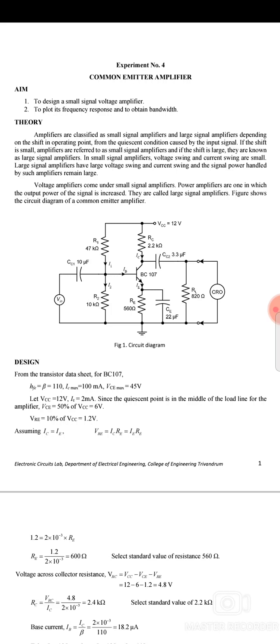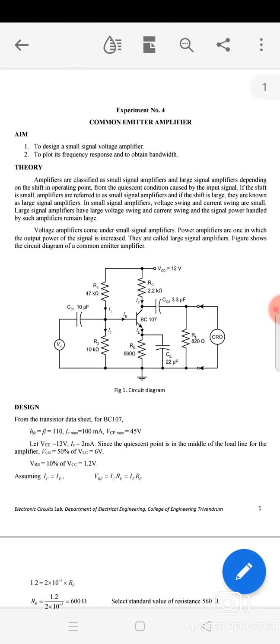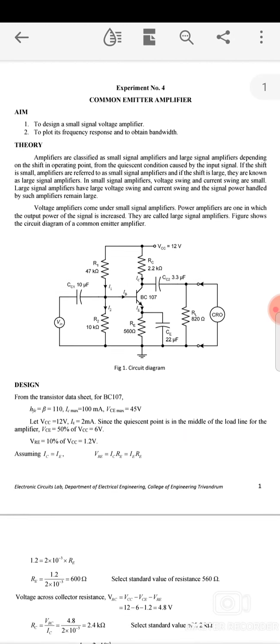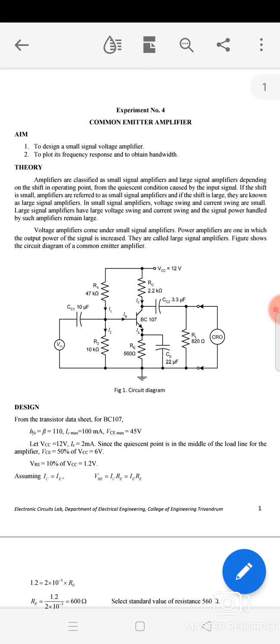That response is obtained based on the amplifier circuit component ranges considered. The components in the diagram are the capacitors C1, C2, C3. The capacitor ranges are C1 10 microfarad, C2 3.3 microfarad, and CE, that is C3, the emitter terminal capacitor, 22 microfarad. Similarly we take the resistive components: at the base terminal R1 is 47 kilo ohms, R2 is 10 kilo ohms, the collector terminal resistor is 2.2 kilo ohms, the emitter resistor is 560 ohms, and the load resistor at the output is 820 ohms.